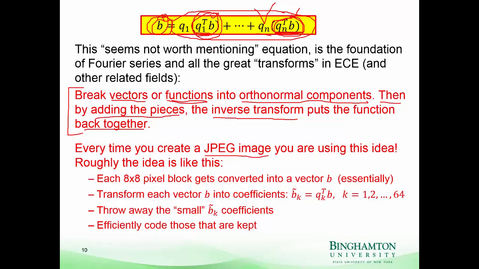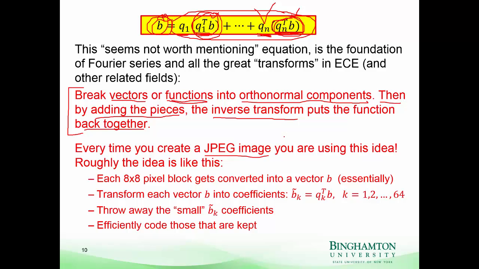Remember, these columns that are orthonormal vectors, we can think of as being put in as columns of an orthogonal matrix. So here's how you would use this, and again, this is just roughly the idea, to create a JPEG image.